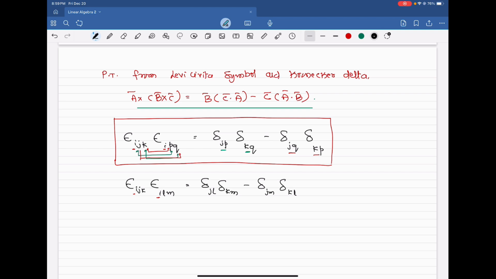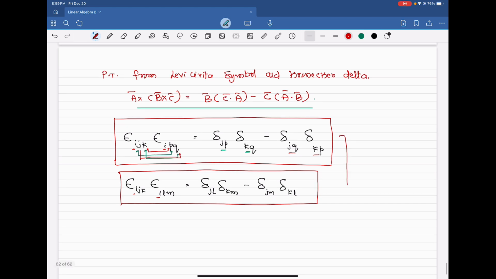It can be written this way also. In some books it can be LMN, PQR. This can be anything.